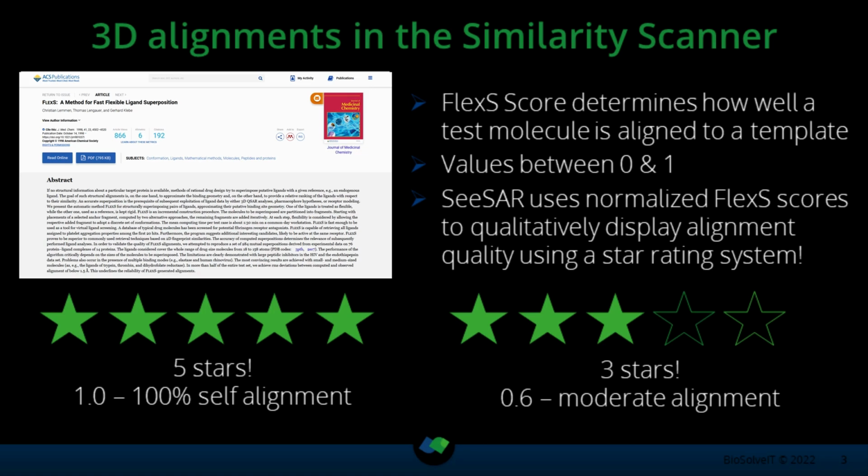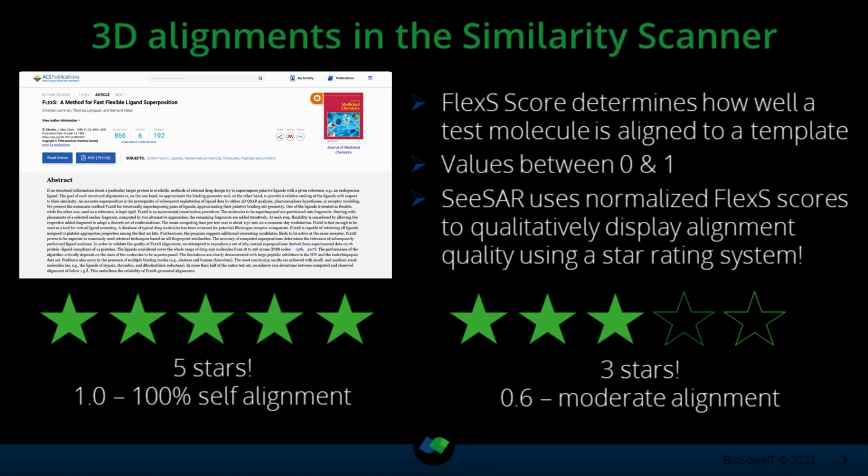The quality of alignments is determined by FlexX scores, whose values have been normalized to fall between 0 and 1 in SeeSAR. So SeeSAR transforms these FlexX scores to a star rating system to enable fast visual and easy qualitative analysis of these alignments.